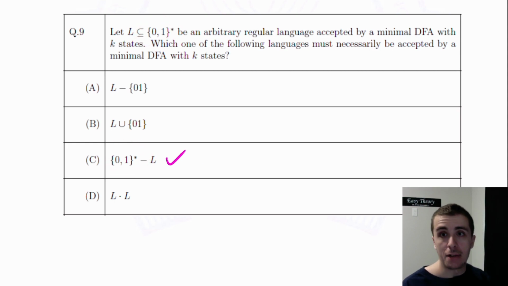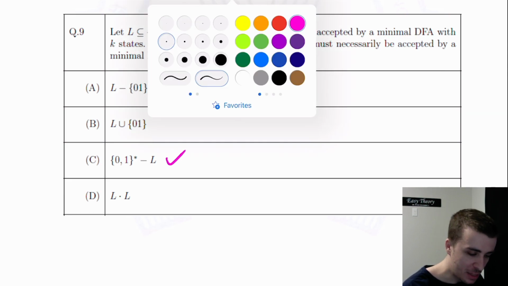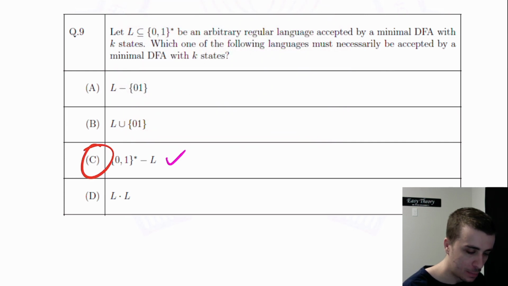And for DFAs, you can just complement which states are final and not final, and you can get the complement. So you're not adding additional states. And if you can make the complement DFA smaller, then you can just complement it back, and then you've contradicted the fact that there's a minimal DFA with K states. So in fact, I think C should be the answer here.